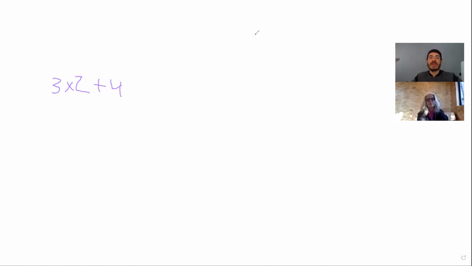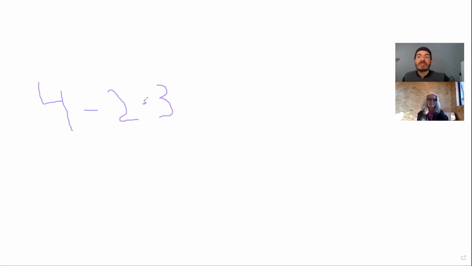Let me write another one that's maybe a little bit better. 4 minus 2 times 3. And if you notice, I changed the multiplication symbol from an X to a dot. We've seen this before. This is a notation that means multiplication, all right? So this is a numeric expression. There's 2 operators in here. There's subtraction and there's multiplying.